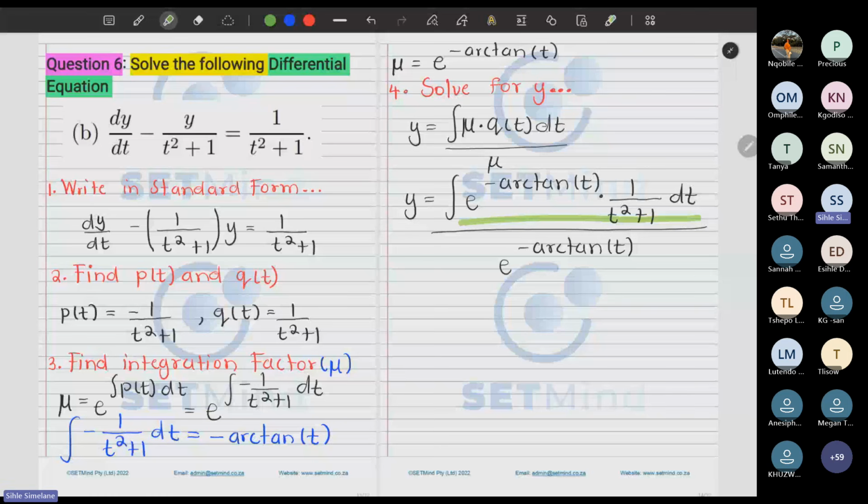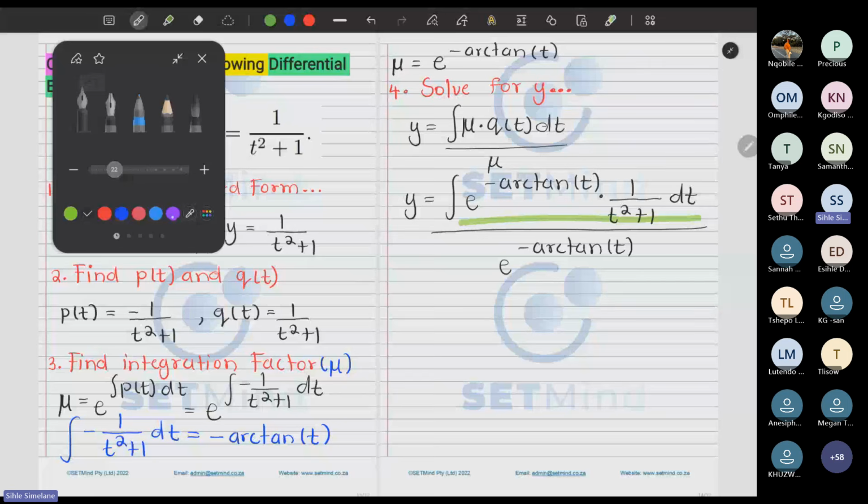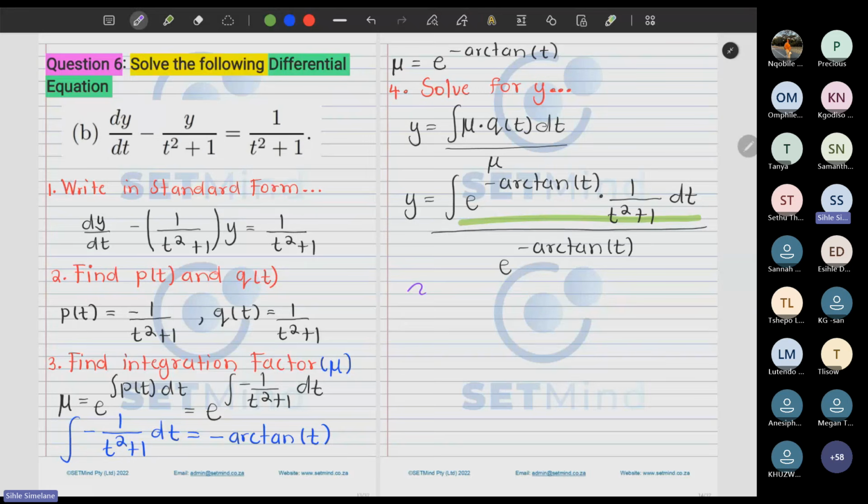Would integration by parts work here? It's going to take us in circles. So here's what we can do, guys: we can use u-substitution. But I need you to go and figure out other ways to deal with this problem.